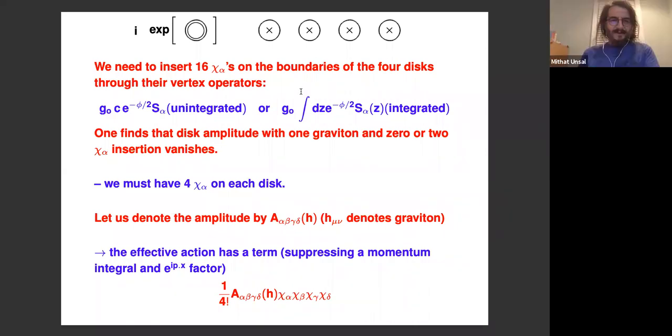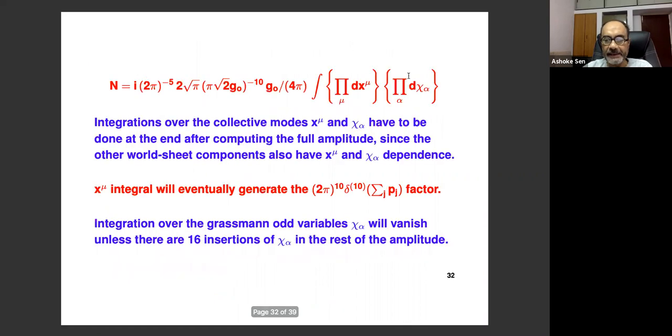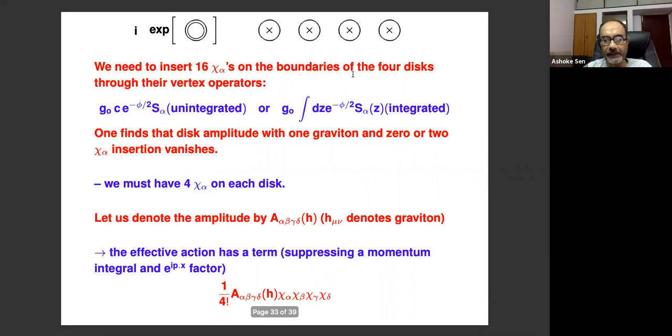Is this an index theorem of some sort? Not really. Okay, maybe there's an index theorem also, but if you just calculate the appropriate matrix element and use the fact that eventually these chi alpha integrals will be completely antisymmetrized in all the indices, you find that you don't get any non-zero answer for 0 or 2. For example, if you just insert 2, you get a gamma alpha beta, and gamma alpha beta is symmetric.